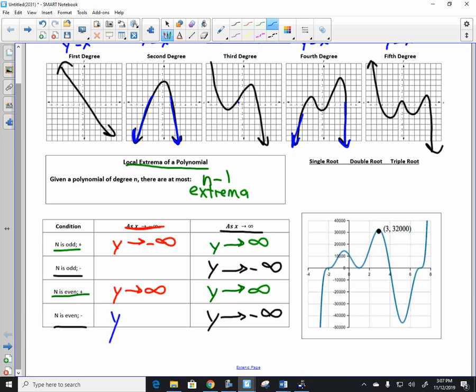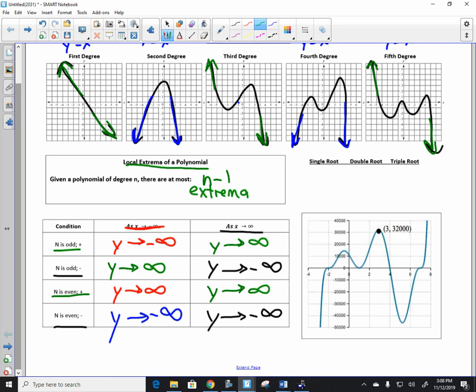So as x goes towards negative infinity, y goes towards negative infinity as well. But the odds, they're opposite. If the odds finish down, they start up. They finish down, they start up. If they finish down, they start up. So as x goes towards negative infinity, y goes towards positive infinity.